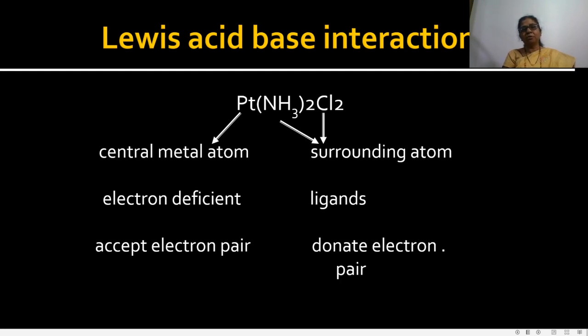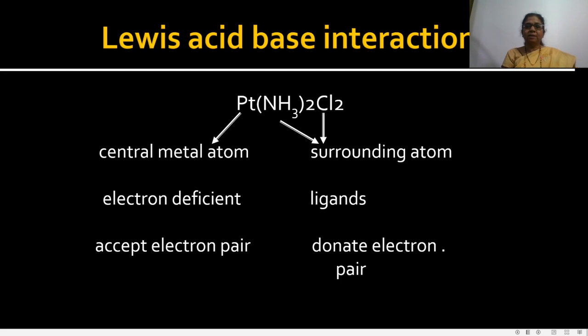According to this Lewis theory, in a coordination compound there is an interaction of Lewis acid and base, because the central metal atom is electron deficient and can accept the electron pair from ligands, which is why the central metal atom acts as a Lewis acid.